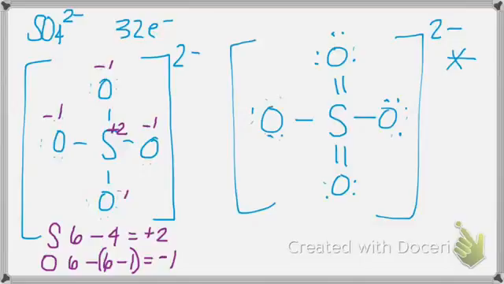So what's my total charge going to end up being? Add up my positives and negatives: negative 2. So that's a good structure, because it adds up to the negative 2 that we need right here. Yes? Why is it negative 1? Oh, because 6 minus 7 is negative 1. See down here?